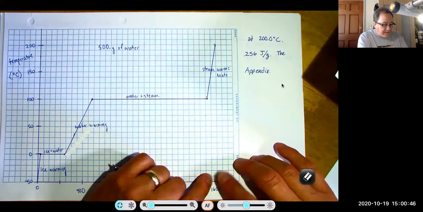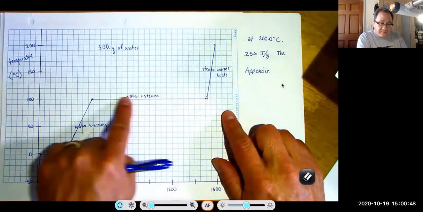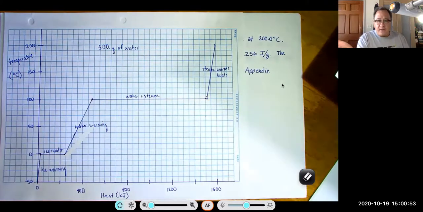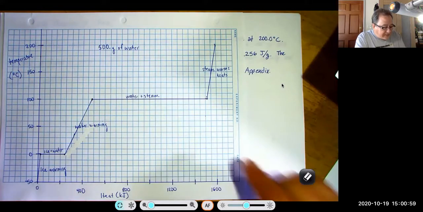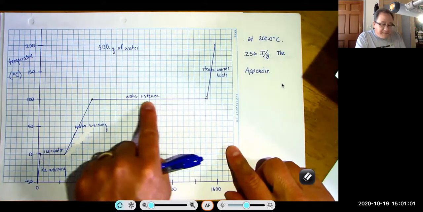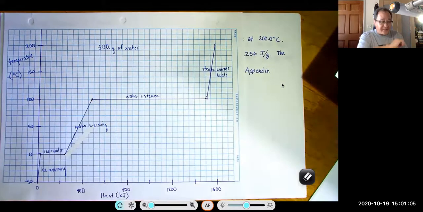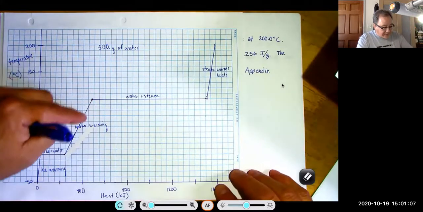Well, the answer is we forget about this part. So what happens here? Well, the steam hits your arm and it cools down. When it cools down enough, then it condenses. This is the energy you get from the steam condensing. After it condenses and makes your arm wet, it then continues to cool down to here.